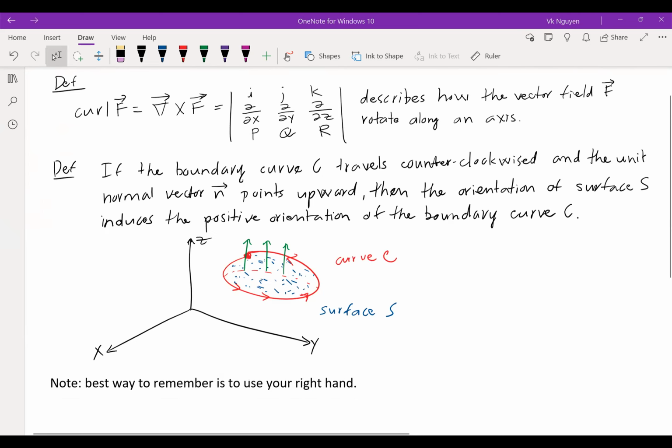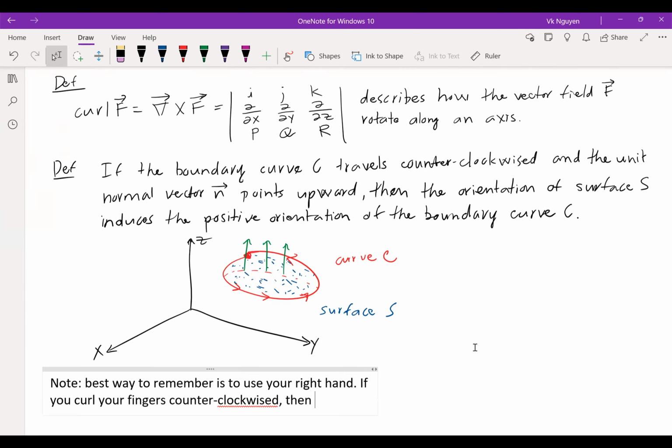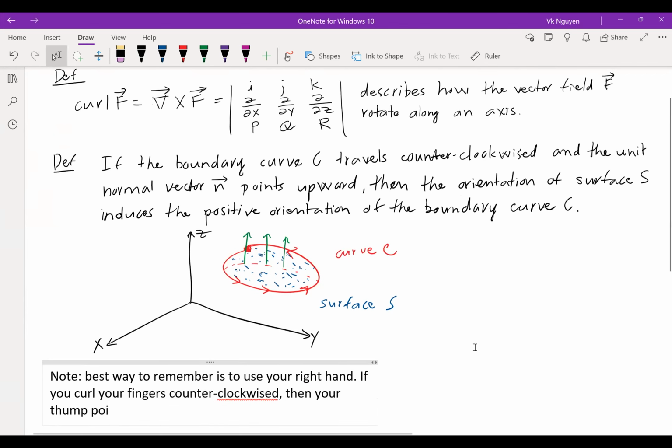So what you want to do is, if you curl your fingers counterclockwise, then your thumb points up. Your thumb is the normal vector.